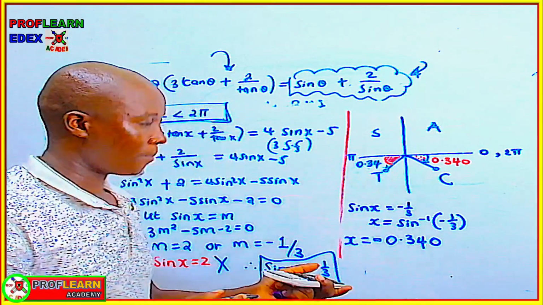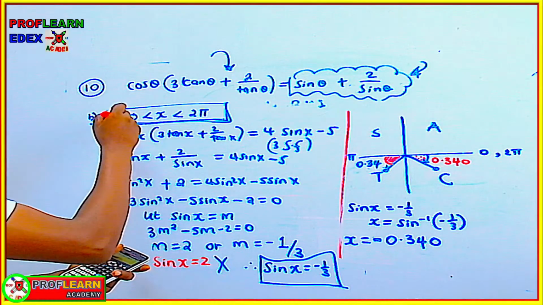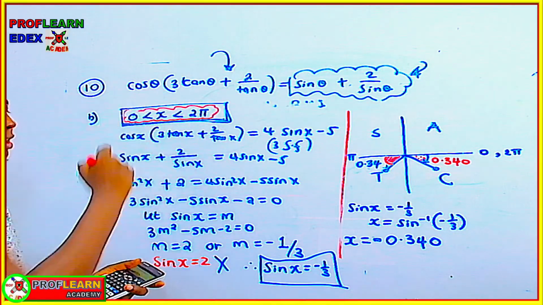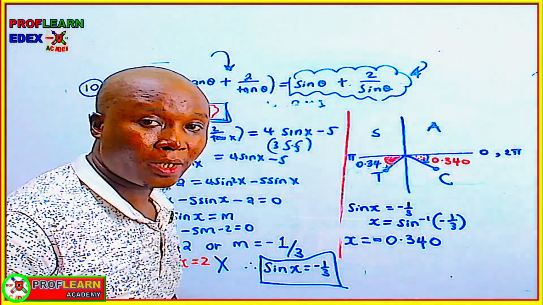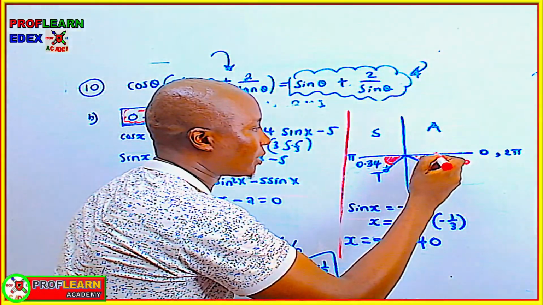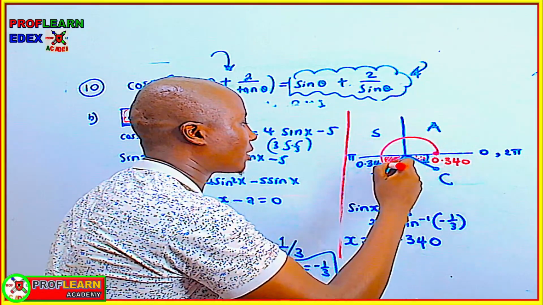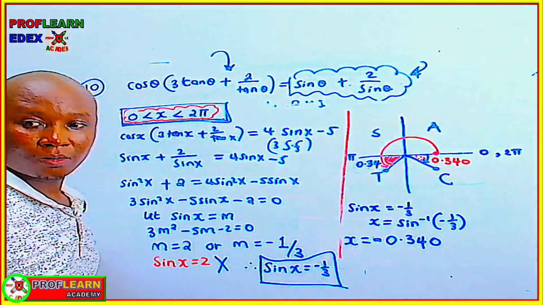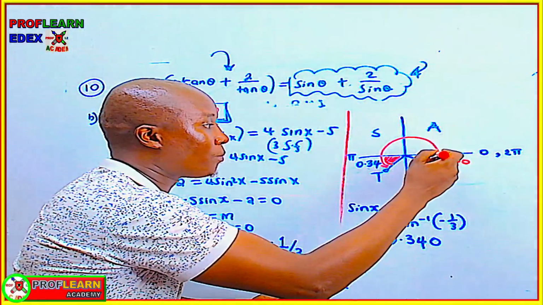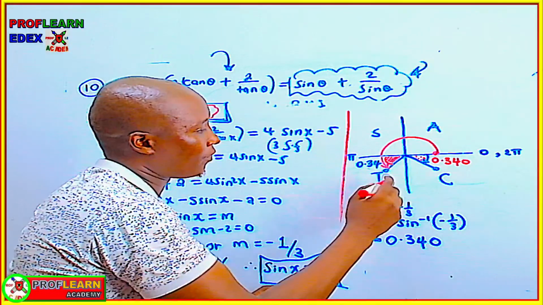So the range of the angles asked is from 0 all the way to 2 pi, and we know that positive angles are measured anti-clockwise. So the first angle will be from here, you move all the way to this point that we have here.